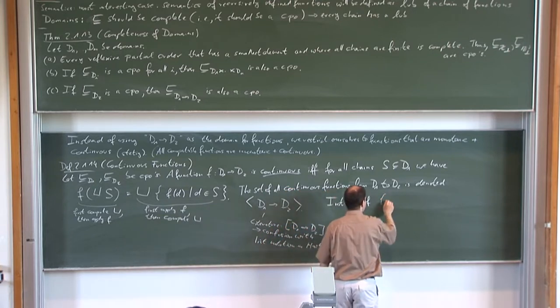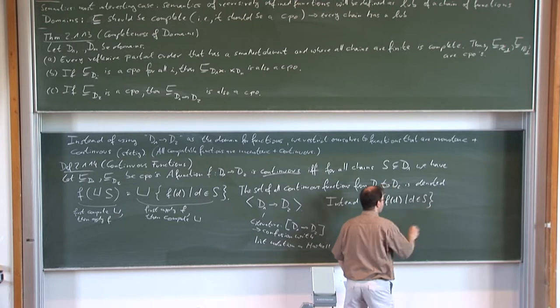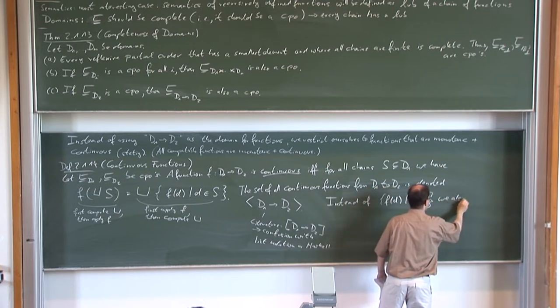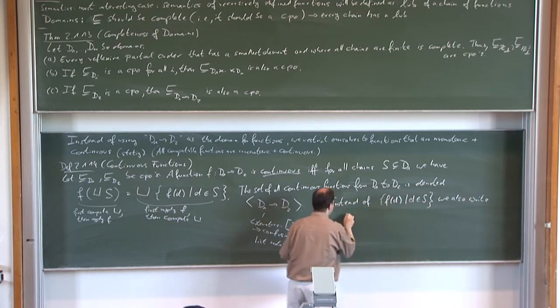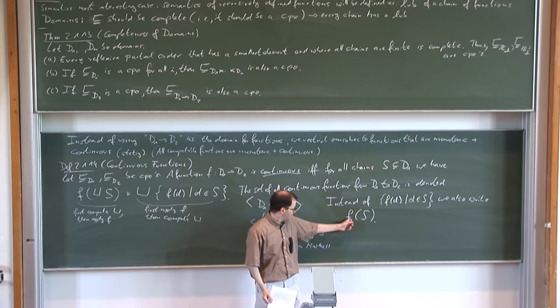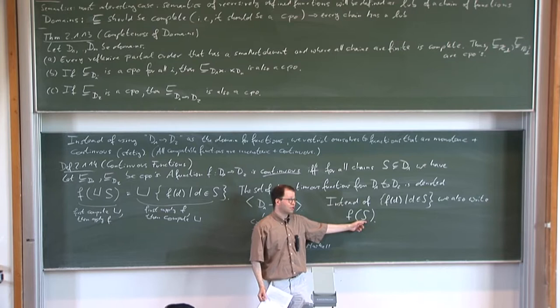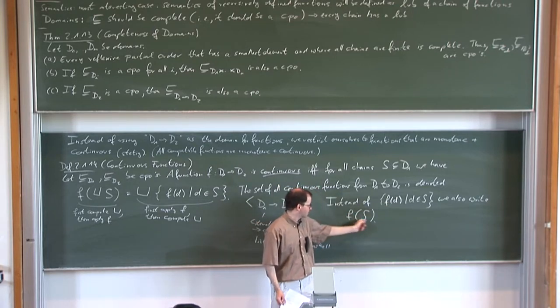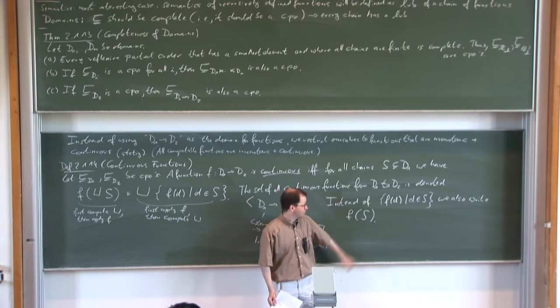And instead of writing something like this, we also simply write not F applied to an element, but F applied to a whole set. So if we write F and then not a single element, but the whole set, this is a short notation for this. This means this is the set where F is applied to every element of S.